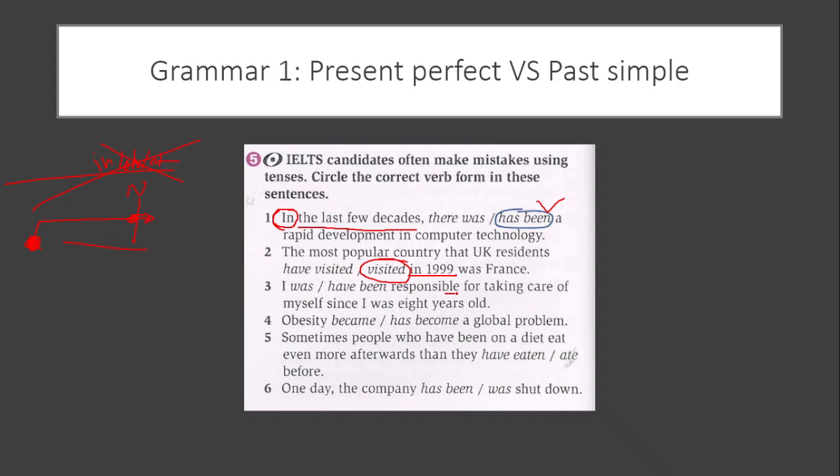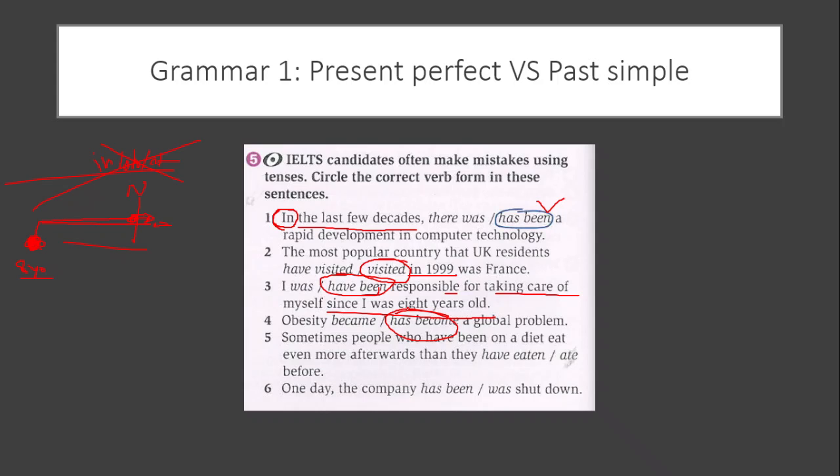I have been responsible for taking care of myself since I was 8 years old. Since 8 years old: this is the starting point, and because I said since, we talk about duration. Then we can only use present perfect. Obesity has become a global problem.